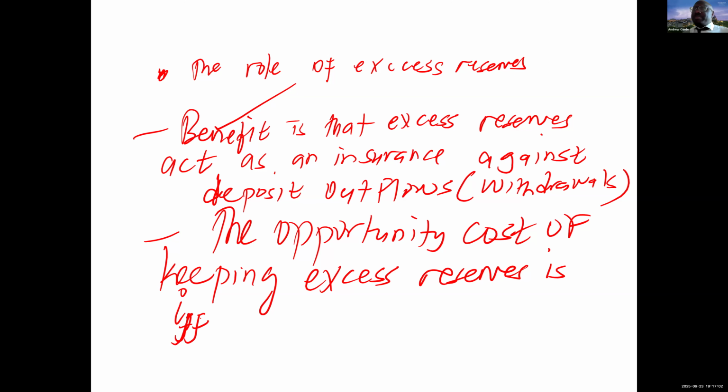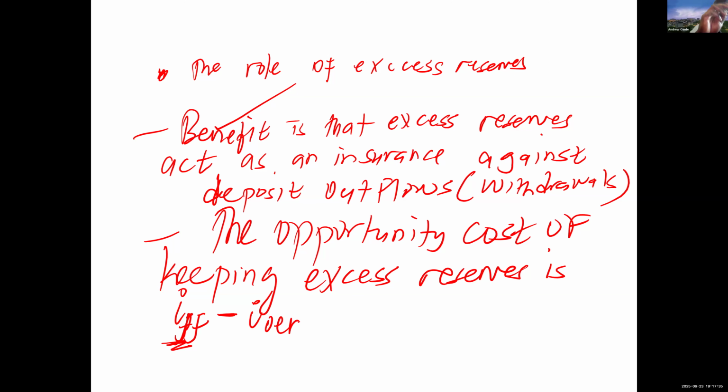Because if the bank did not keep the excess reserves, what does that mean? They could loan those excess reserves to other banks and charge an interest rate called the federal funds rate. I'm going to explain that. So the opportunity cost is what you must give up if you choose to hold excess reserves. So you're going to be giving up the interest rate that you should have earned had you lent those funds out to other banks, because that's the federal funds rate. But then we have to subtract from it the interest rate on excess reserves.